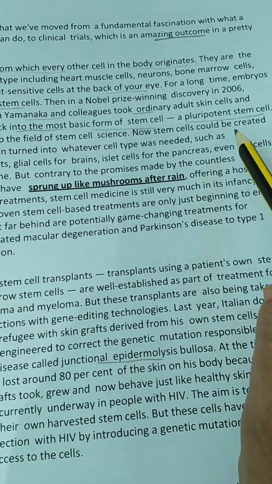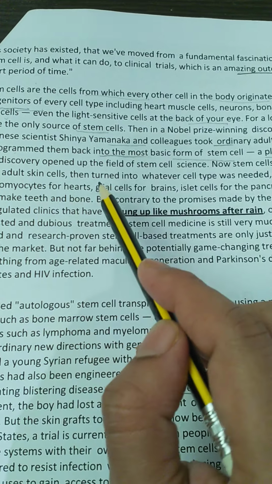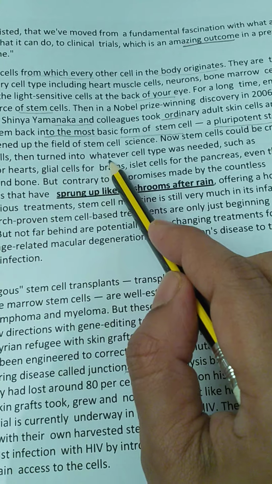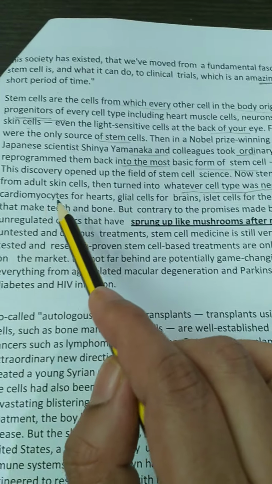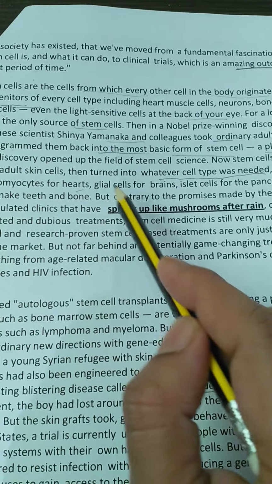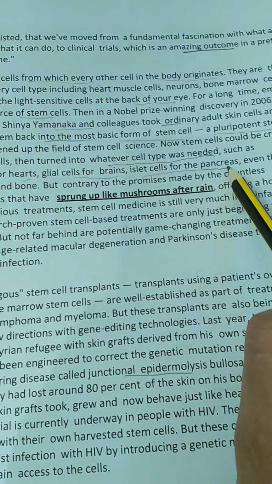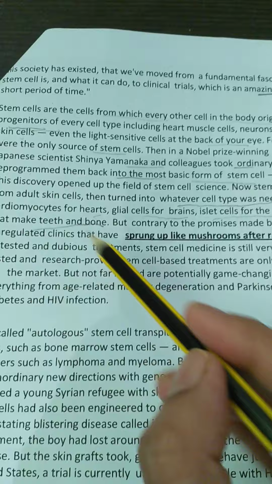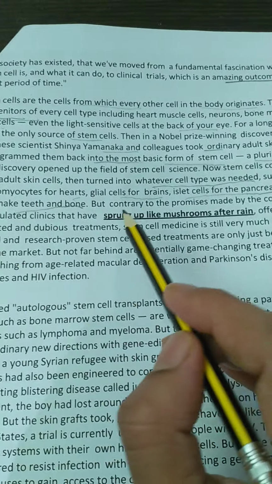Now stem cells could be created from adult skin cells, then turned into whatever cell type was needed, such as cardiomyocytes for hearts, glial cells for brains, islet cells for the pancreas, even the cells that make teeth and bone. So we can make the stem cell from whatever cells we need.